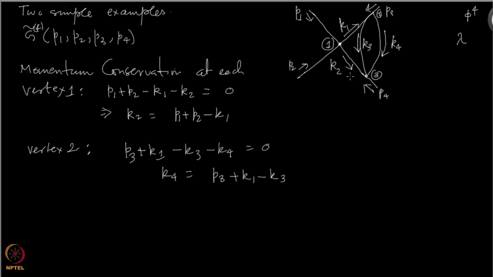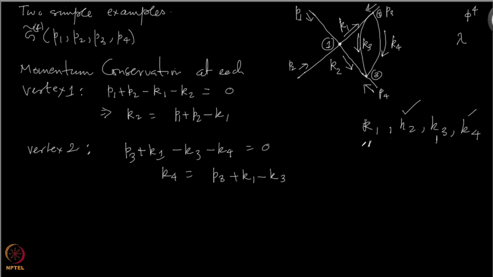Okay. So, let us see what has happened. Apart from the external momenta, we have k1, k2, k3 and k4, of which we have been able to express k2 in terms of k1, okay, and k4 in terms of again k1 and k3.